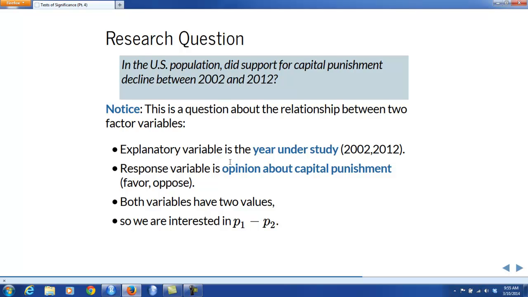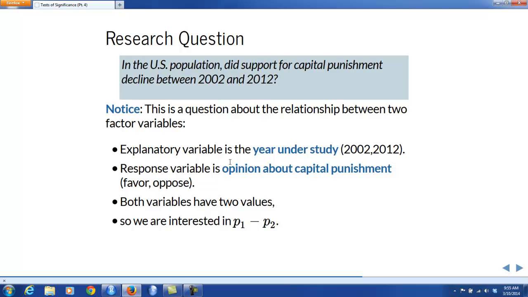It's very important to notice that this is actually a question about the relationship between two factor variables. We're not just thinking about kapun in this research question. The explanatory variable is actually the year under study. It's a factor variable with two values, year 2002 and year 2012.